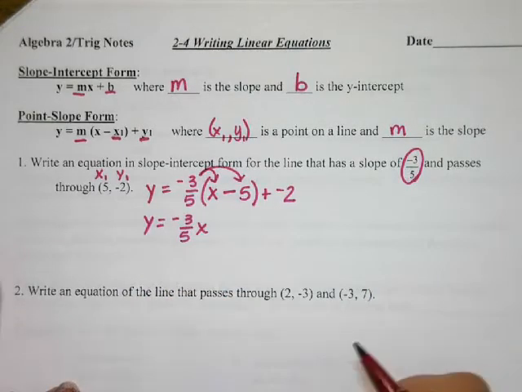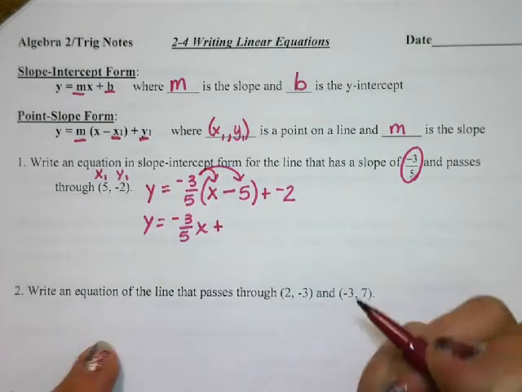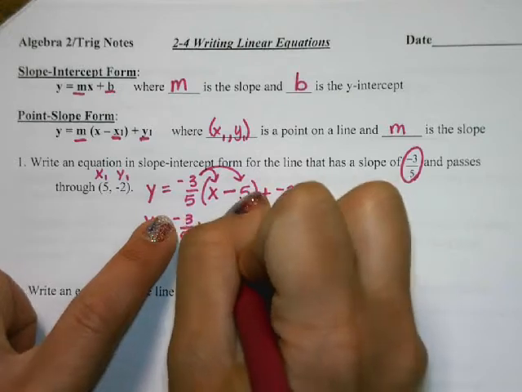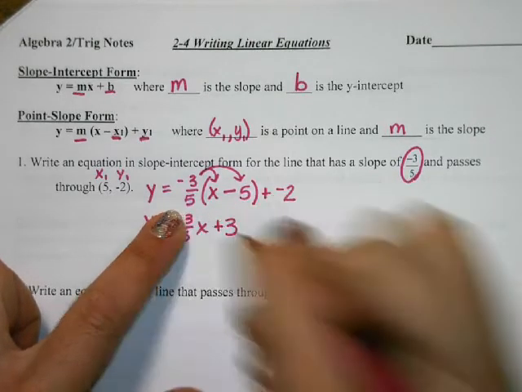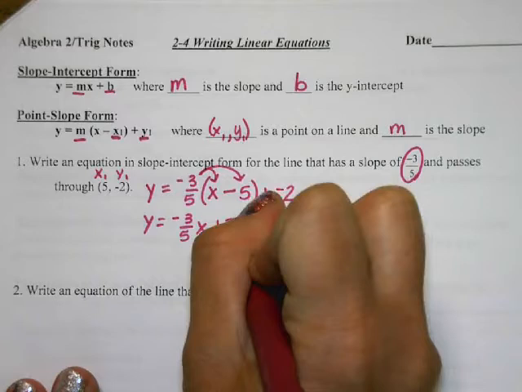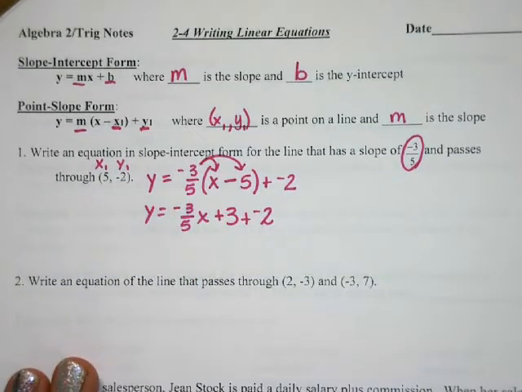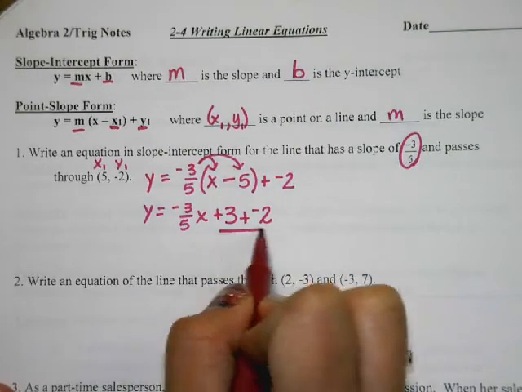-3/5 times x is still -3/5 x. And -3/5 times a -5 will give me a +3. Sorry, yes, that's what I meant. Plus a -2, or minus 2. So I'm going to combine these two guys right here.